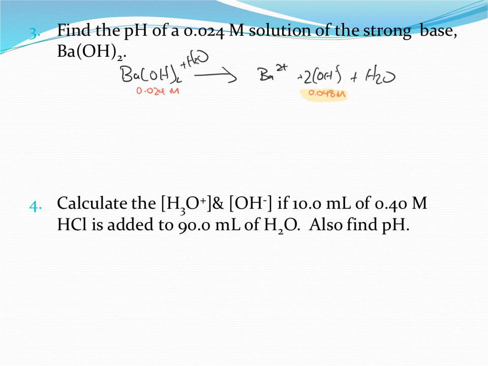Okay, so now the concentration of that hydronium ion is going to be 1 times 10 to the negative 14 divided by 0.048, and work out that calculation.